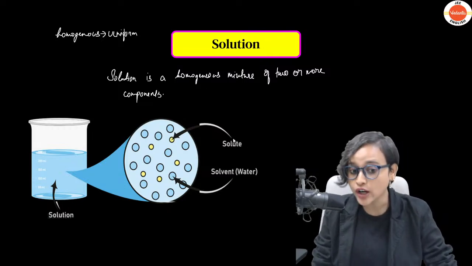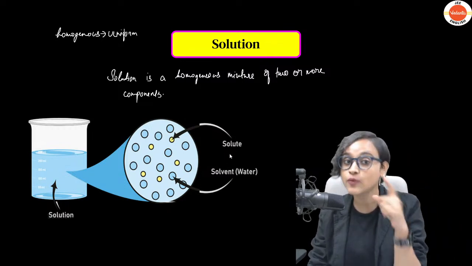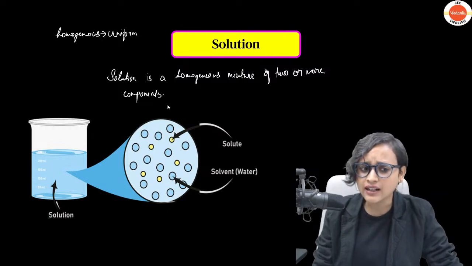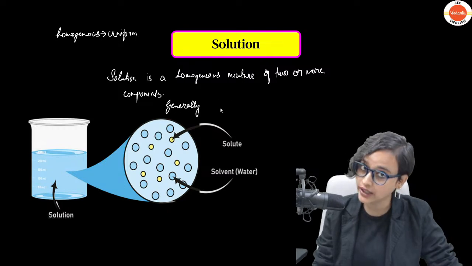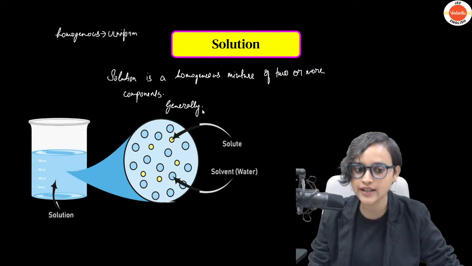Now according to this picture, you can see that solution has majorly two components. One is the solute, one is the solvent. Generally we know that solvent is the component that is available in larger quantity. So can I write it here?